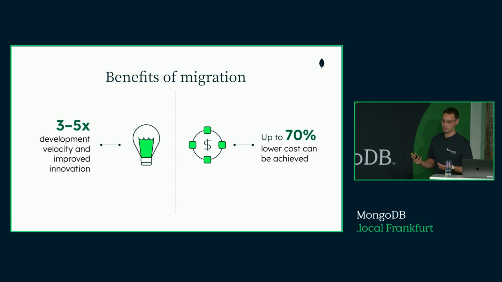This is because of the document model and the flexibility our database offers you as developers to develop much faster. And because you don't have this high overhead within your development process, you can save up to 70% of cost. We see this in a lot of customers.